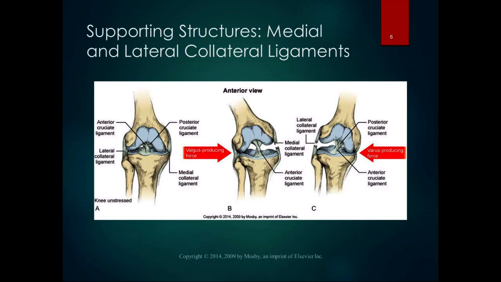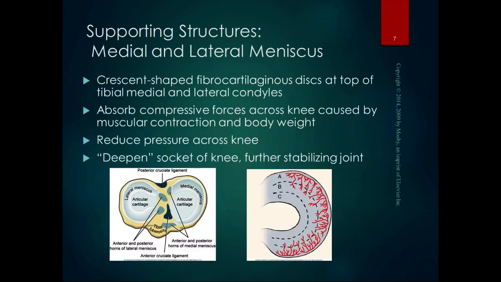And so valgus forces are much more common, therefore MCL and ACL injuries are more common than LCL and PCL injuries, just because of the way the forces go. And the other leg is protecting you from a lot of varus producing forces. The valgus producing forces are coming from the outside, so it's just more common to have those types of injuries.